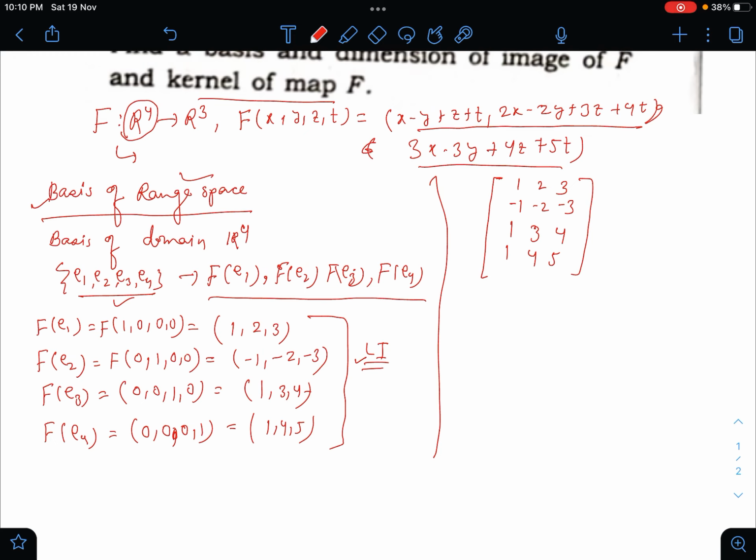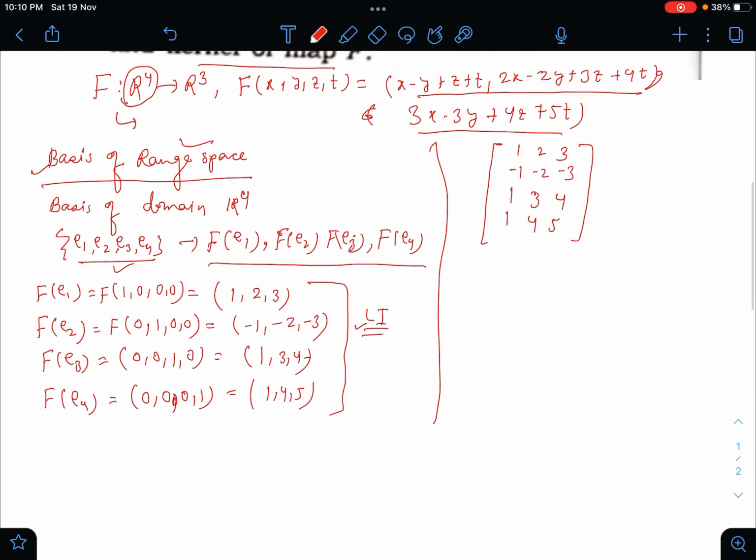We convert it to row reduced echelon form. For that we apply row operations. We want to reduce the first element of the second, third and fourth rows to 0. For that we apply R2 as R2 plus R1, R3 as R3 minus R1 and R4 as R4 minus R1.